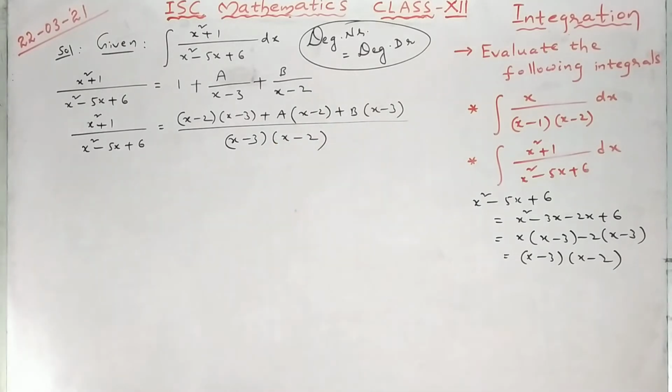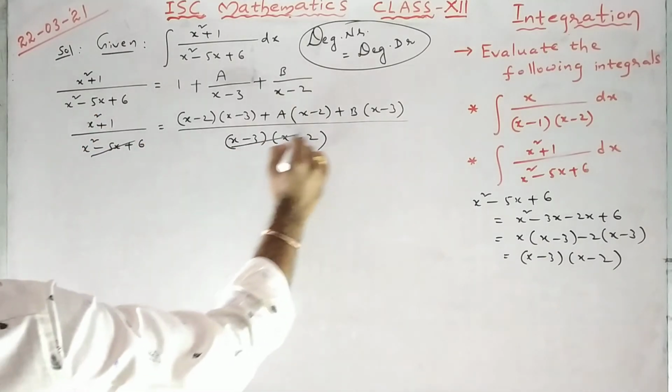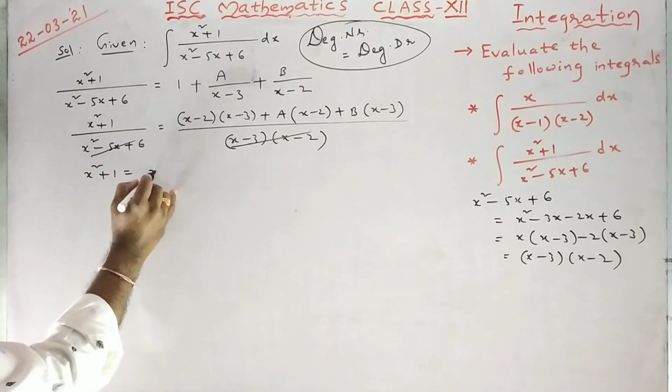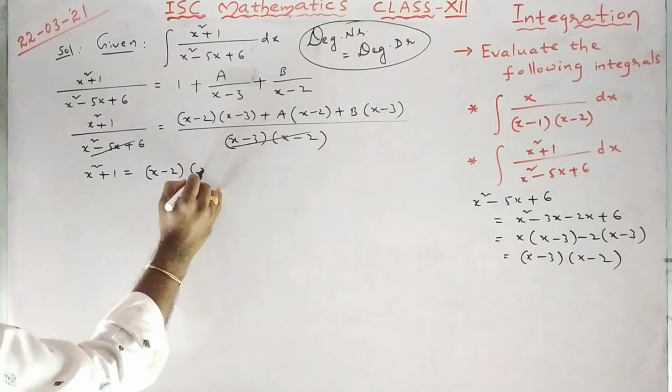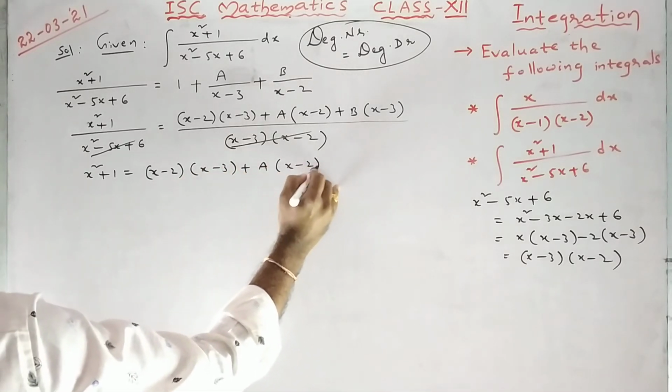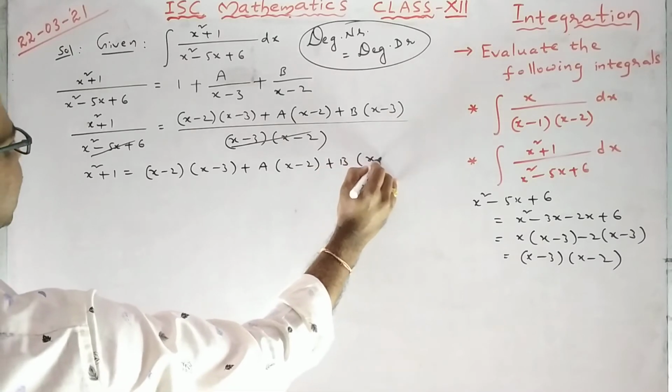If you simplify this, you will get the same fraction. These two cancel. x square plus 1 equal to (x minus 2)(x minus 3) plus a times (x minus 2) plus b times (x minus 3).